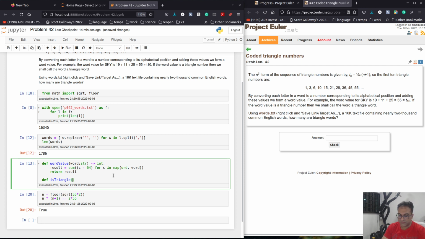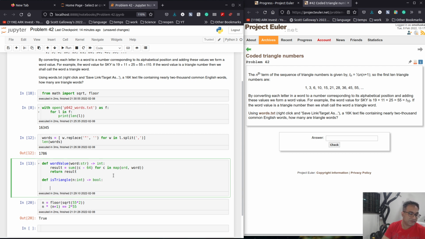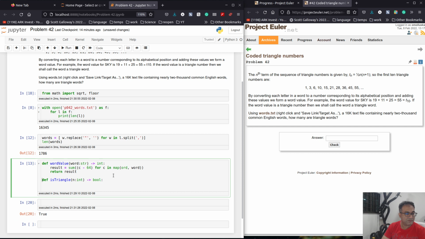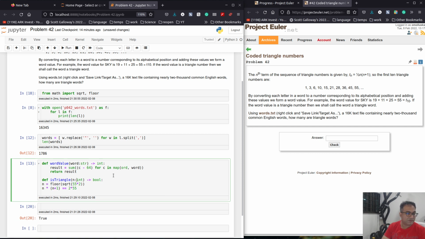It takes a number, n is of type int, and it returns a bool, like that. And we just copy this, because that is basically what we need to do, and this is what we need to return.